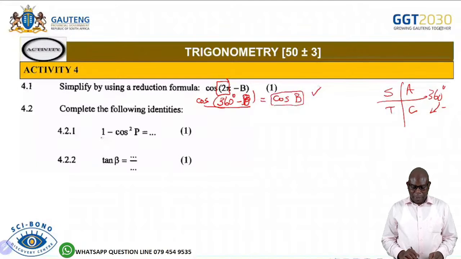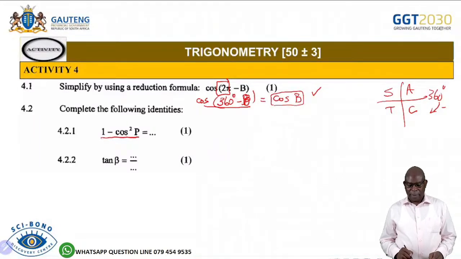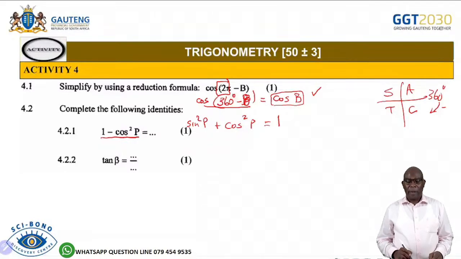Right. 1 minus cos squared P. So if, for instance, I see cos squared of an angle, remember I have the cos squared and the sine squared of an angle, my answer was equal to 1. But if I take this one to that side, can you see how they trick you there?